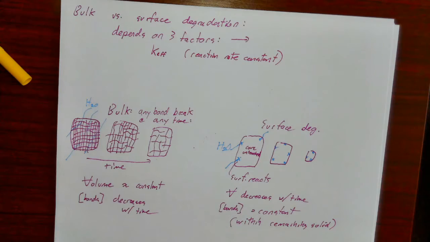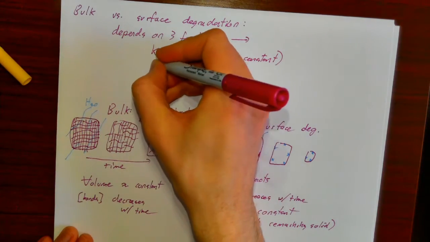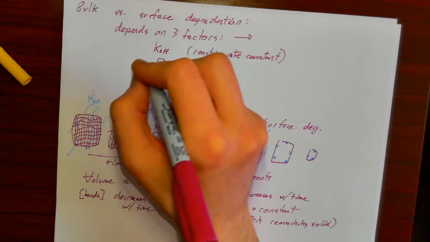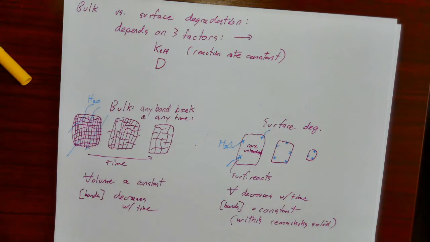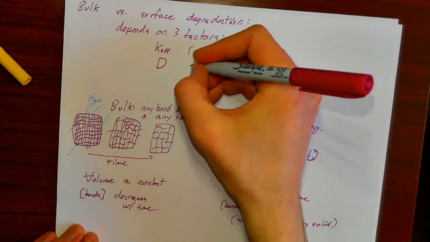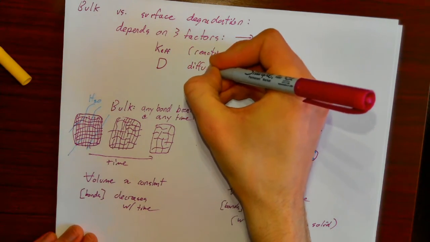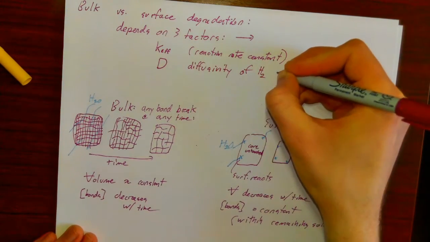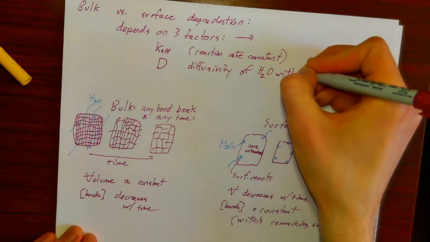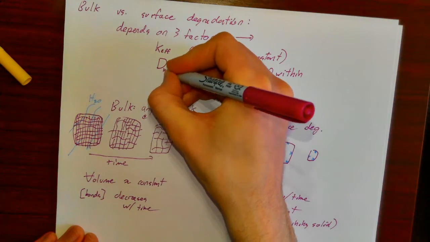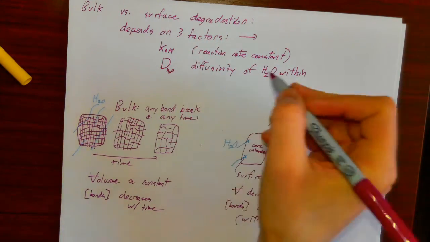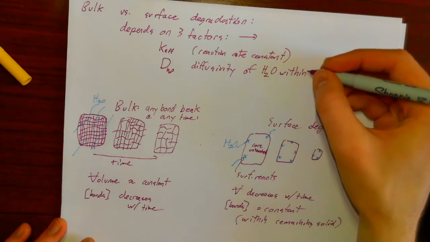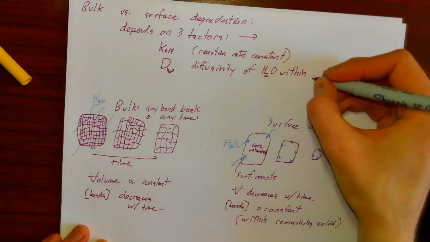It also depends on the diffusivity of water within that material. I'll just put H2O as the subscript here, to signify that this is the diffusivity of water within the polymer.